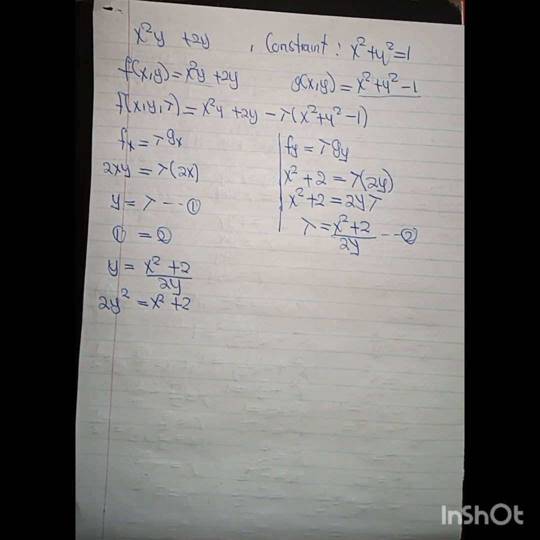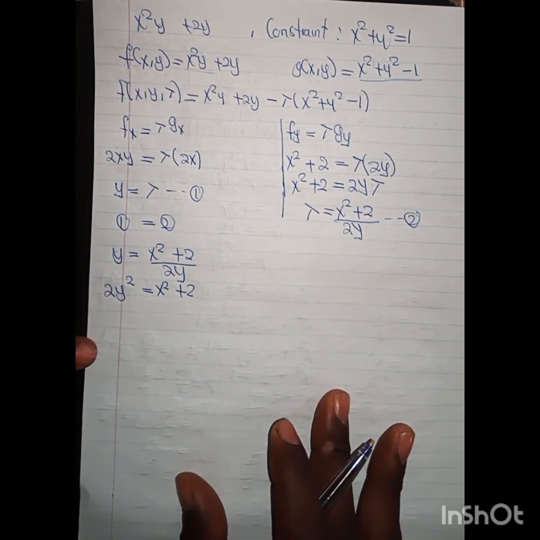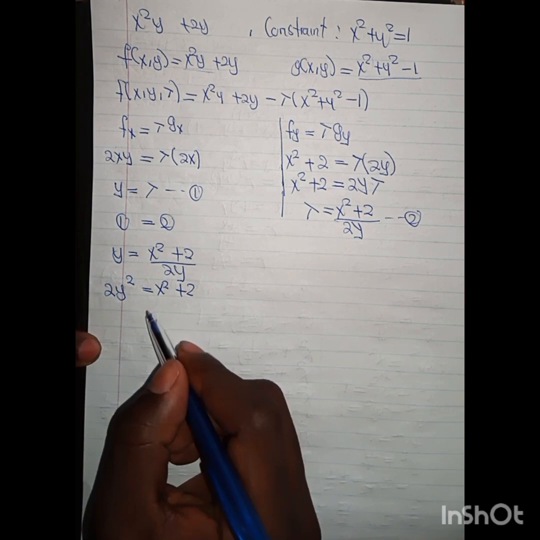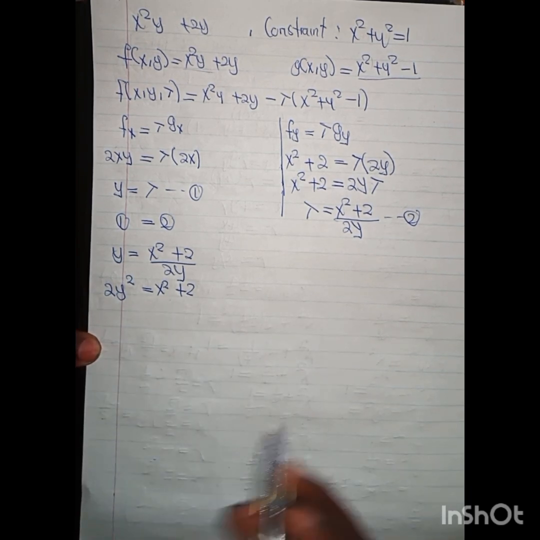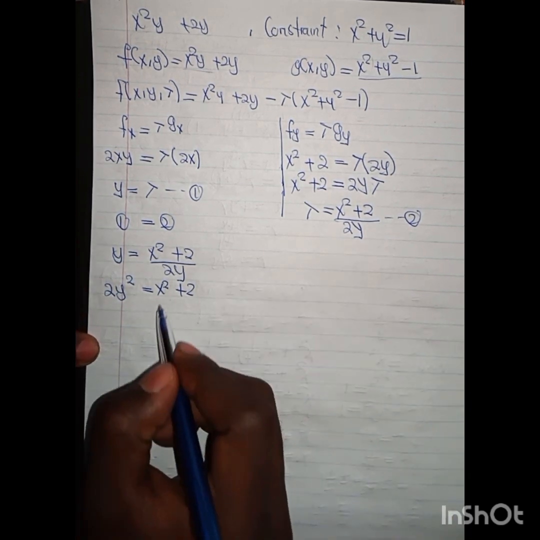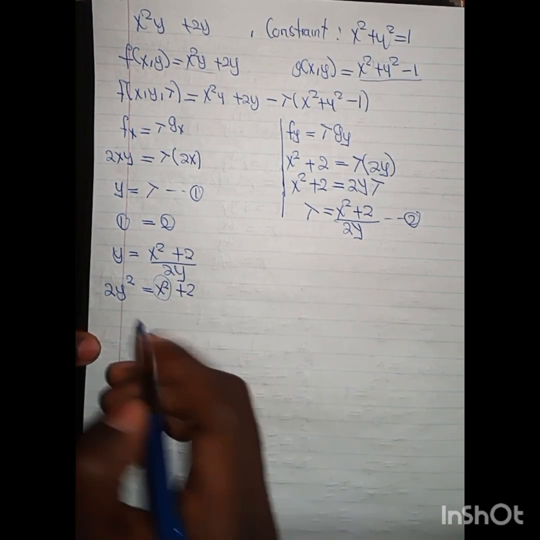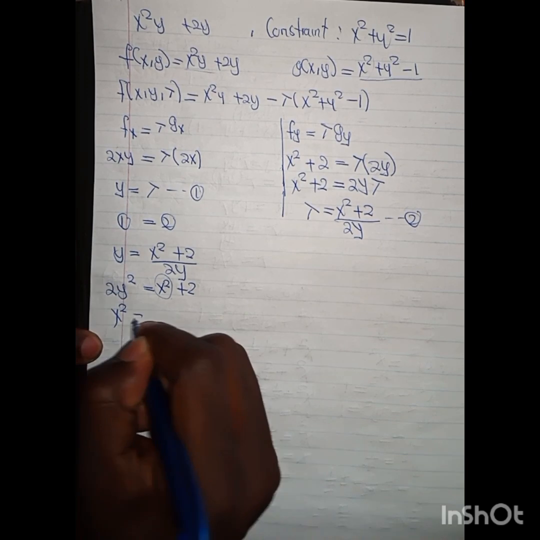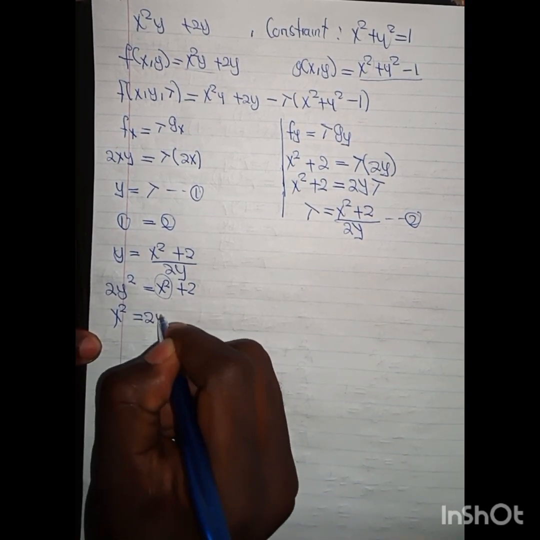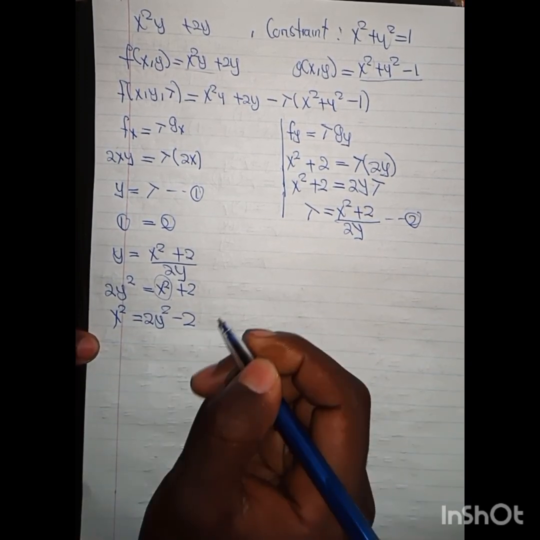Then we have to proceed with this equation so that we can relate one of the terms with the constraint. Let us now make x squared the subject of the formula. If we make x squared the subject of the formula, we'll have 2y squared minus 2.